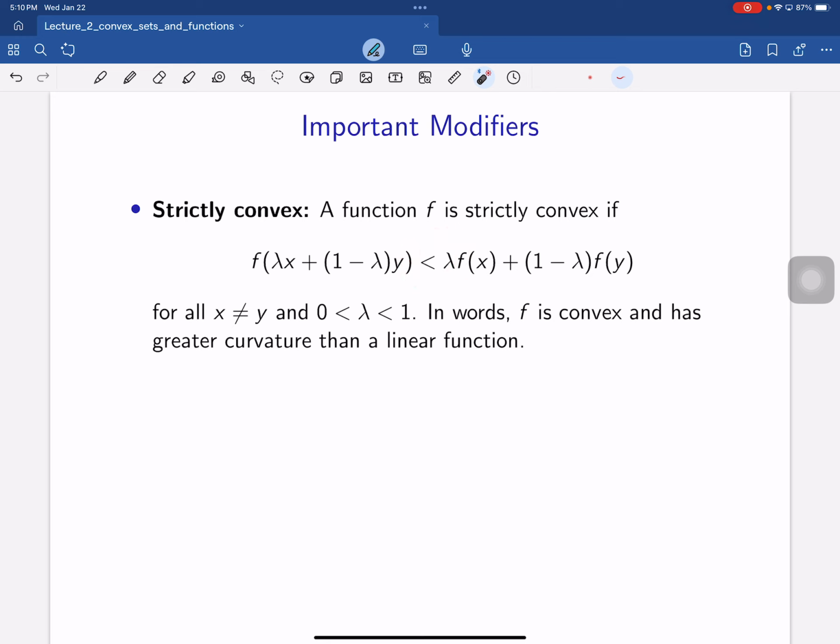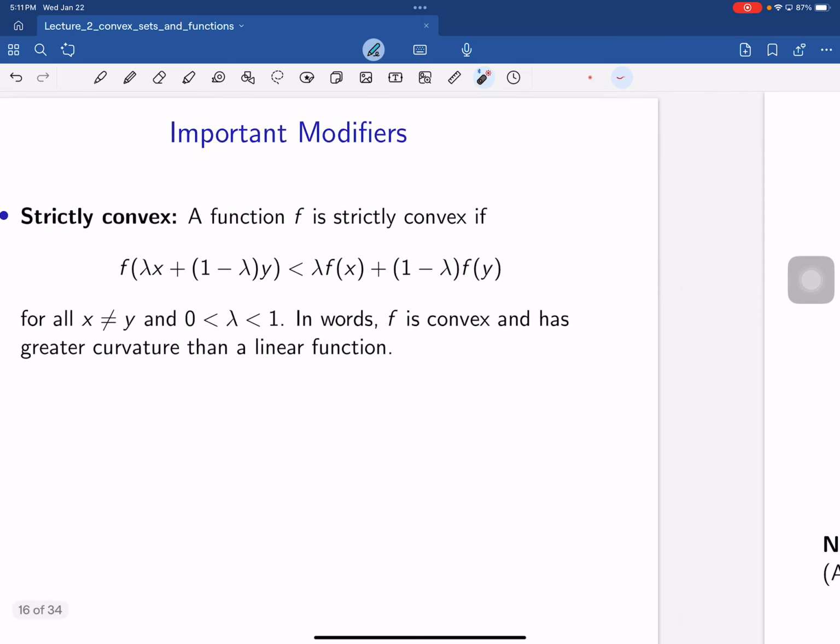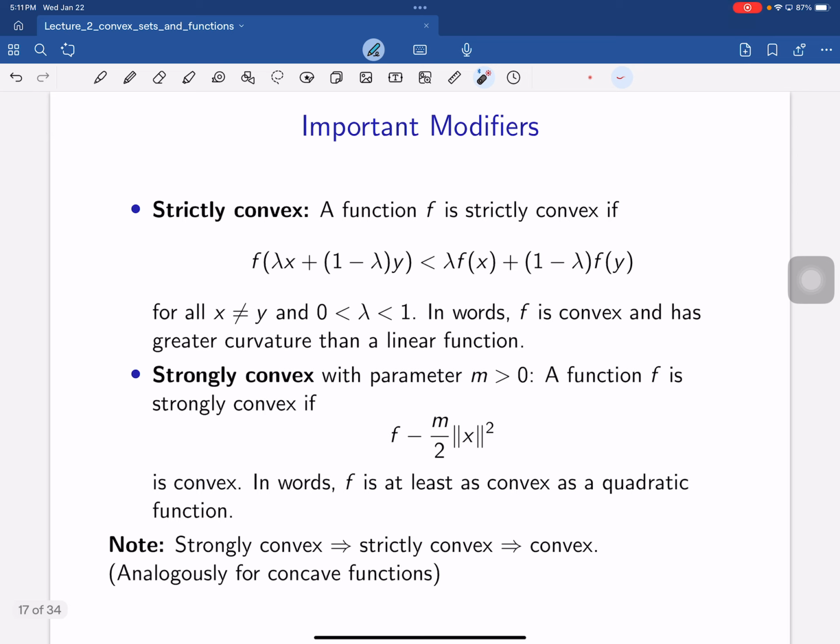So in words, strictly convex means that it should have a bigger curvature than a linear function. And there is something called strongly convex, where by definition there needs to be a parameter m greater than 0 such that f minus m over 2 times the 2-norm of x squared is convex.